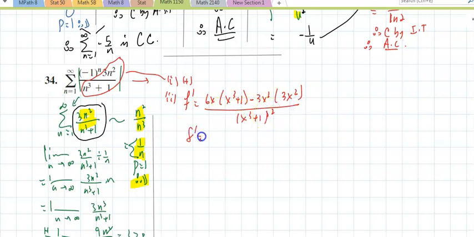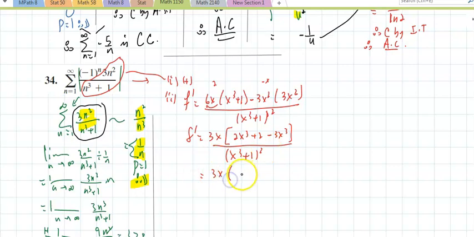If I factor a 3x out of those, I will have 2x cubed plus 2, and I'll have a minus x left, minus 3x cubed. I will get 3x times 2 minus x cubed, all over x cubed plus 1 squared.